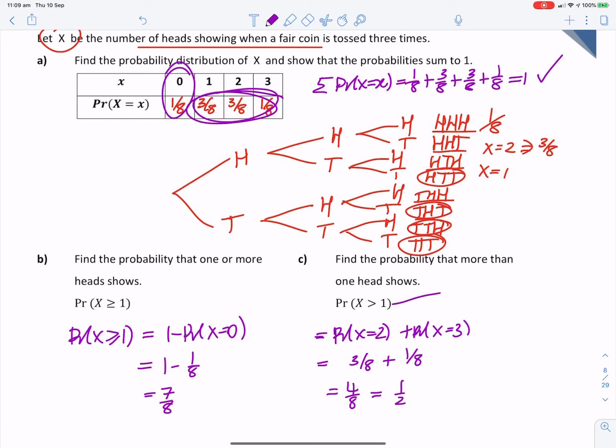You can also see that that's 1 minus the probability that x equals 0 minus the probability that x equals 1, which is 1 minus 1/8 and 3/8, which is 4/8 or 1/2.